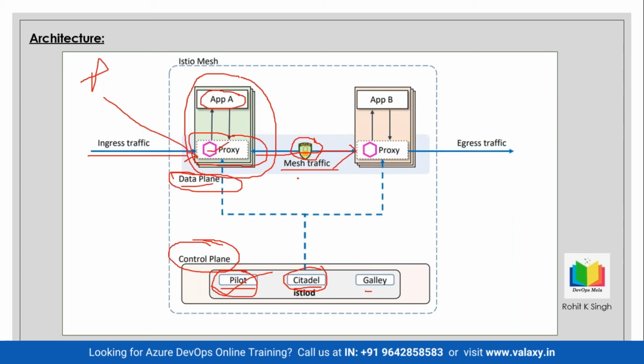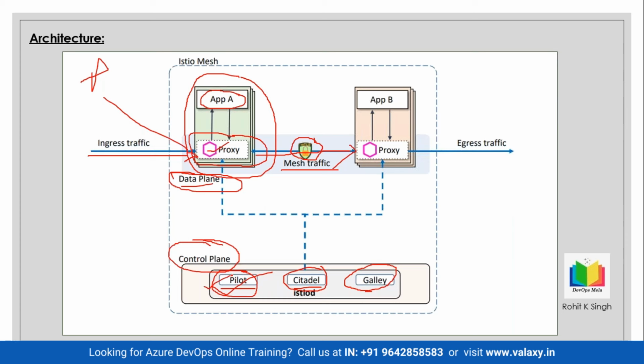On the other side, Galley's core responsibility is to distribute configuration input to other Istio components. This guy is writing all the Istio configuration. It's like a gallery wherein all the Istio configuration is written, and then this configuration is pushed and sent to other Istio components. So these are important.